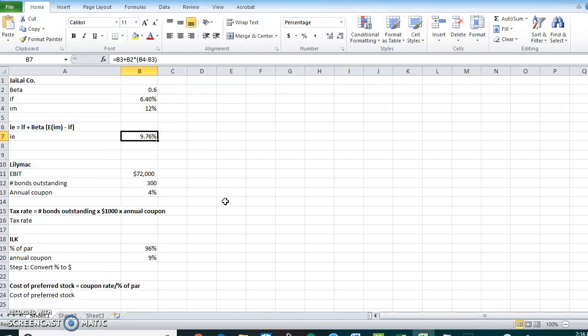What would the appropriate tax rate be for use in the calculation of the debt component of Lily Mac's WACC, or weighted average cost of capital? And I put the formula here. We're going to look at the interest as equal to the number of bonds outstanding times $1,000 times the annual coupon.